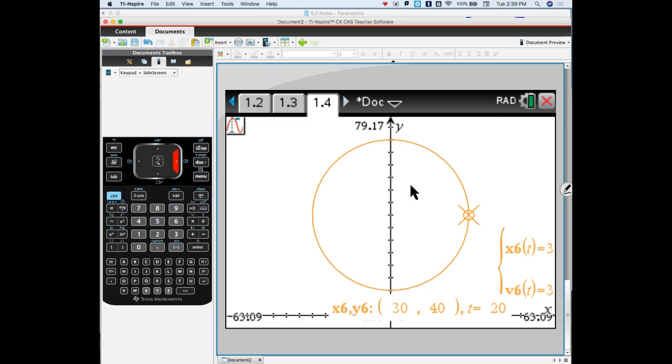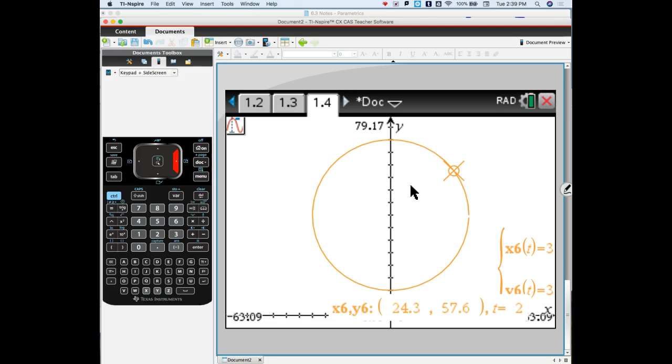So to get to 22 seconds, because that's what we wanted to find, our position 22 seconds into the ride, where do I have to go? 2 more seconds. So there's 1 and there's 2.